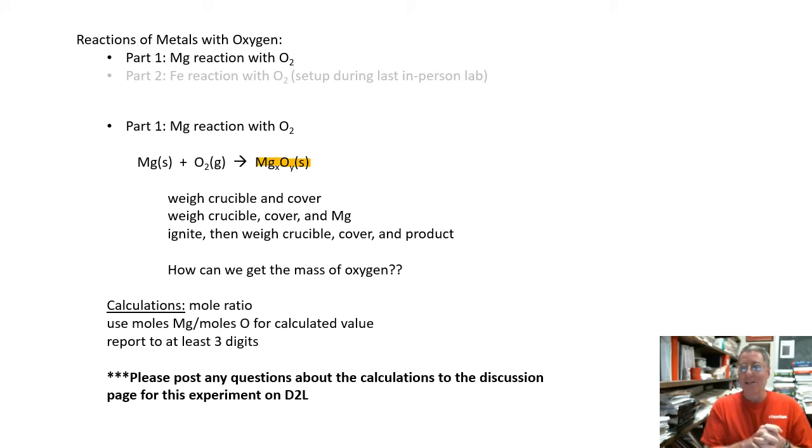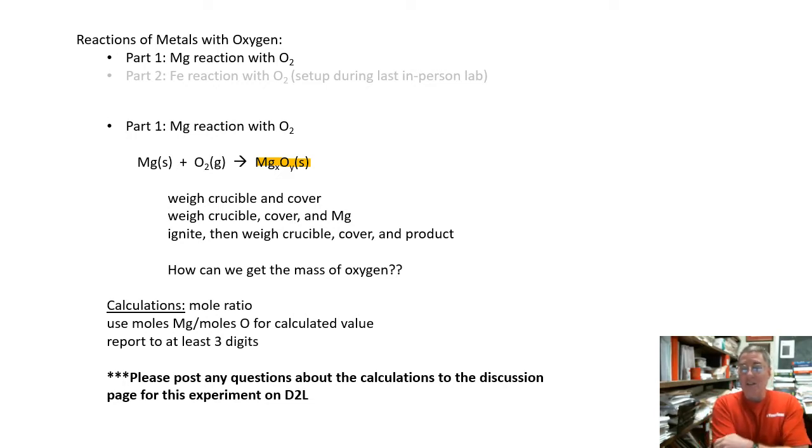But after you react it, you'll weigh the crucible, the cover, and the product, and take a look at those numbers. Some of you might be surprised by them, some of you not. It's fine either way. I kind of like it if we are surprised by it. Makes it more interesting. But when you get those numbers, think about how you can get the mass of oxygen out of those numbers? No spoilers, spoiler alert.